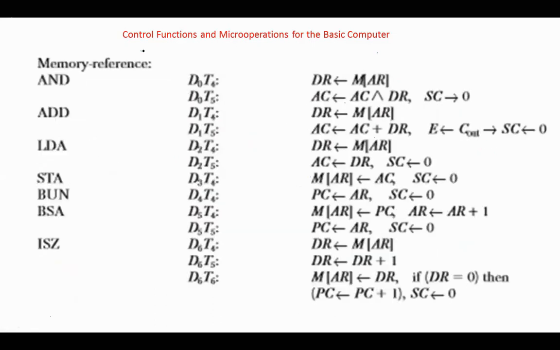The second subtable is for memory reference instructions: add, load, store, branch, and conditionally branch and save return address, increment, and skip F0.